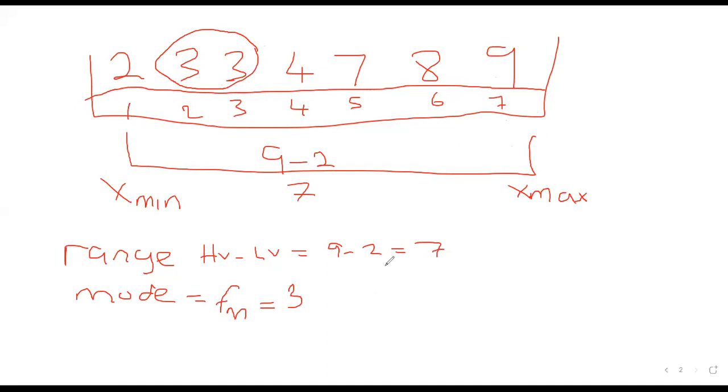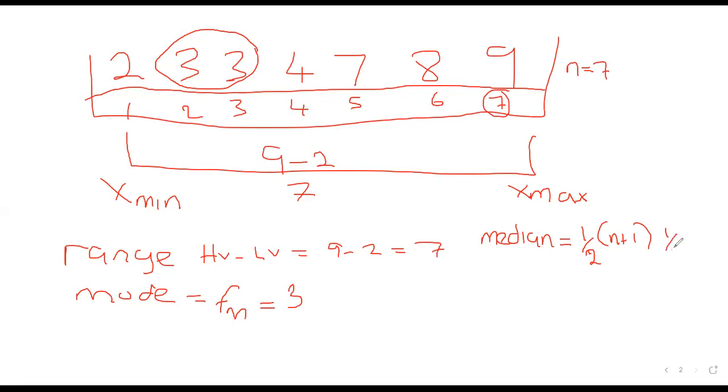Then we also have what we call the median. The median is simply the middle number. The middle position is half of n plus 1. Our n is the number of elements we have. Our n is 7, so we have 7 plus 1 is 8.